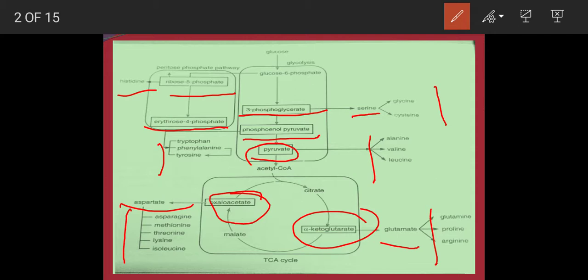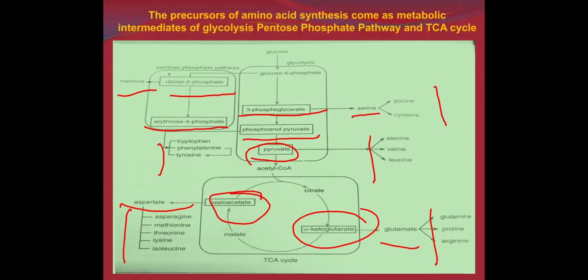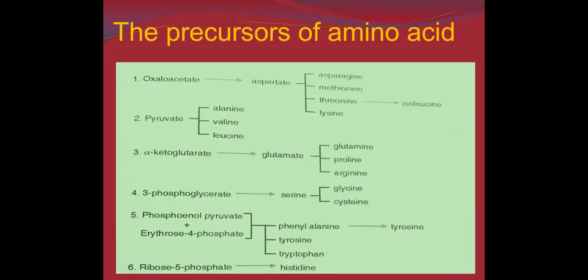Thus we see that all the amino acids are derived from the metabolic intermediates of three important pathways, and these three important pathways are glycolytic pathway, pentose phosphate pathway and tricarboxylic acid cycle. The precursors of amino acids.